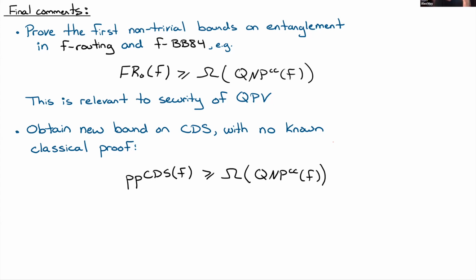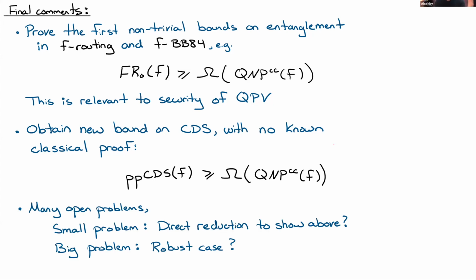The new lower bound that we get is on the randomness cost for perfectly private CDS, and it's in terms of the QNPCC complexity. As I commented before, there's no known classical proof of this sort of result. And so it seems to be some contribution from quantum information theory to classical information theory and cryptography.